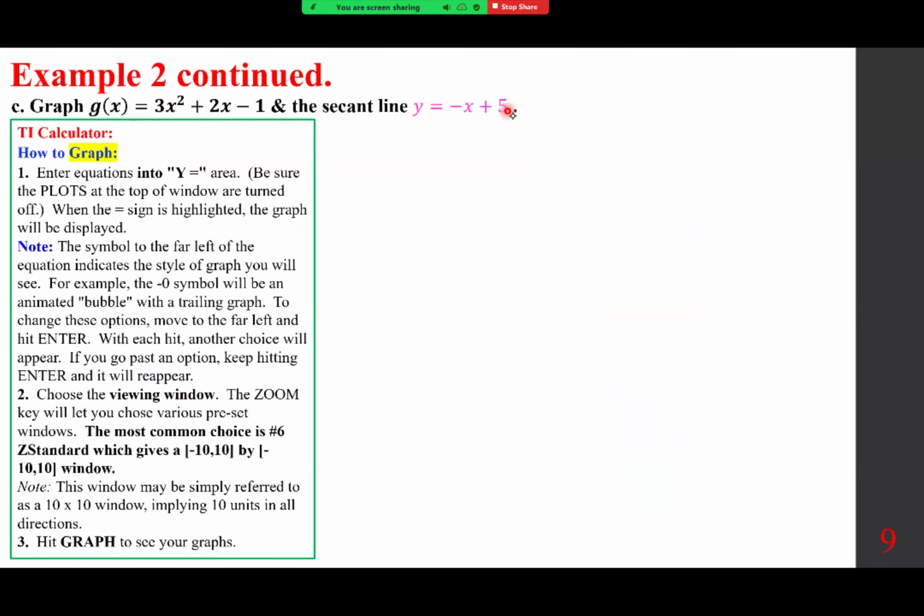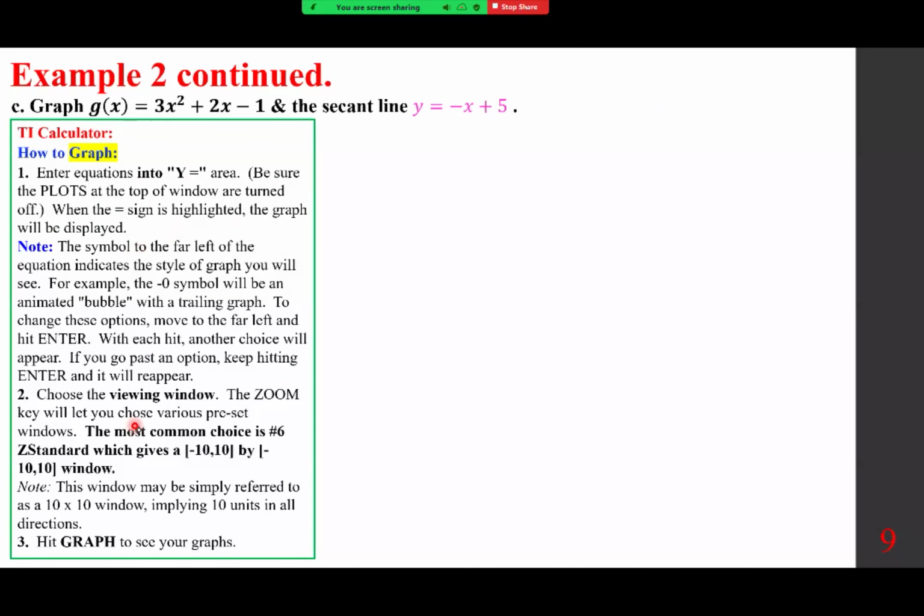I want to show you the information that's already posted under the last module in Canvas. So TI calculator, how to graph. Enter the equation into the Y= area. Be sure the plots at the top of the window are turned off. When the equal sign is highlighted, the graph will be displayed.